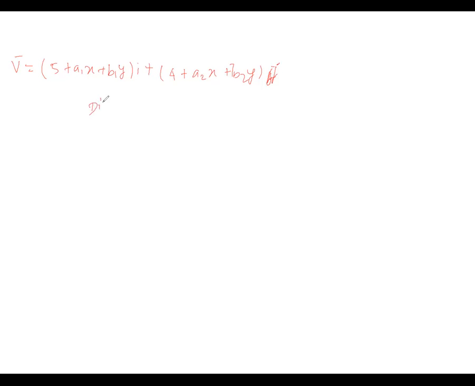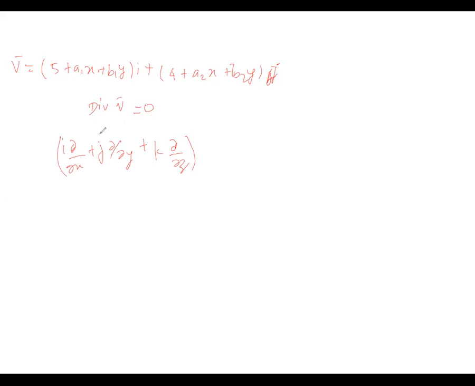The divergence of the v vector equals 0 for incompressible flow. For an incompressible flow, this condition must be satisfied. So this is nothing but i ∂/∂x plus j ∂/∂y plus k ∂/∂z.